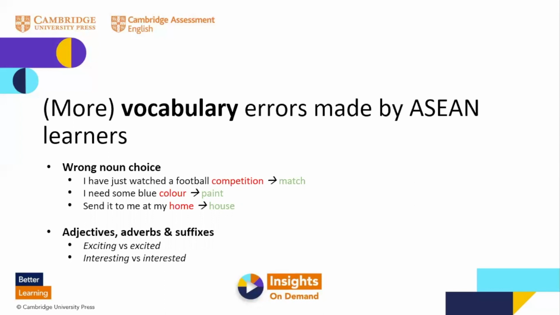You know, often learners have to learn the word as part of its phrases or collocations, like football match, instead of saying football competition. A lot of things in this region, regardless of where you are, we'll see people say, I need some blue color instead of blue paint, or send it to me at my home instead of my house, which would sound a little bit better.